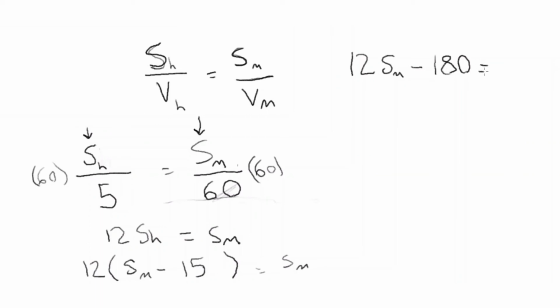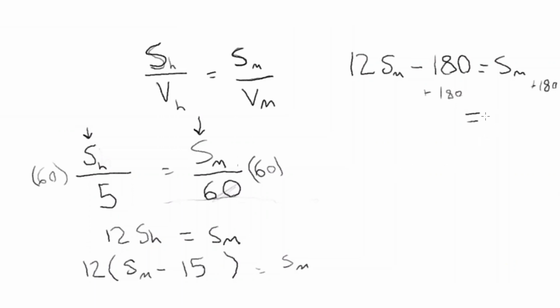Okay, equals SM. I'm going to bring the 180 over to this side using the algebra that I know. Adding 180 to both sides, I'll write it in. This is the way my daughter does it. She writes plus 180, plus 180. She even speaks in hushed tones when she does it.